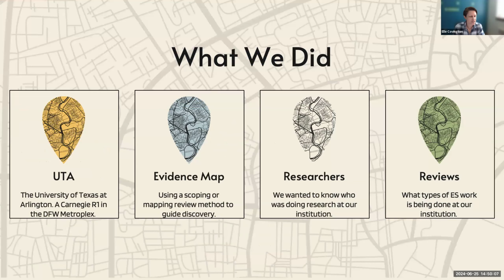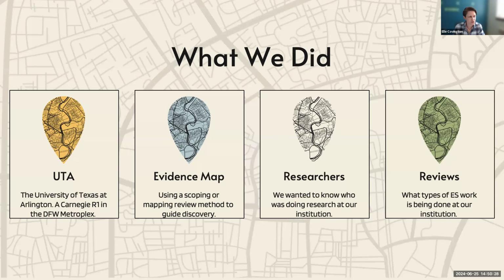All right, so here is a little bit about what we did. First of all, if you're not familiar with the University of Texas Arlington, we are a Carnegie R1 in the Dallas area. So there's a lot of research output here, and we decided to do a scoping review, a mapping review.